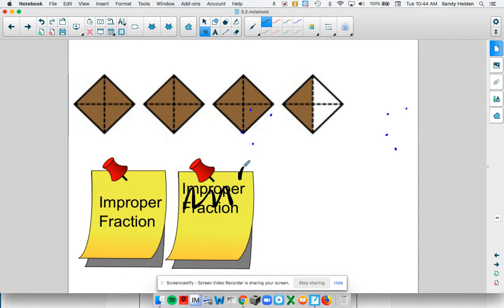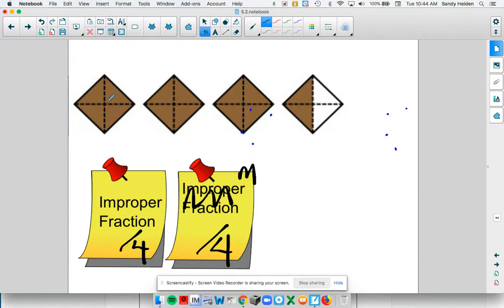I'm going to put an M for mixed. Each has 4 pieces. Let's do improper first.